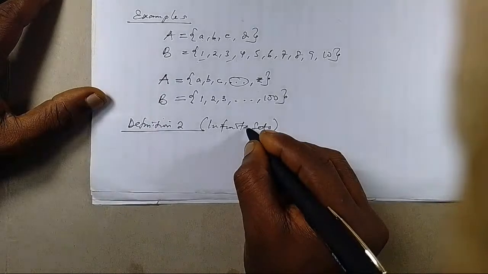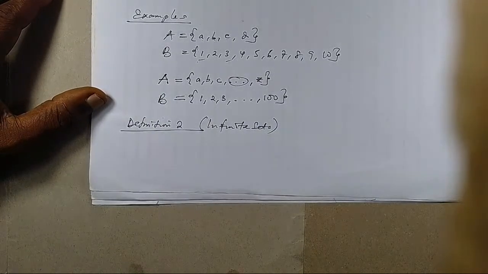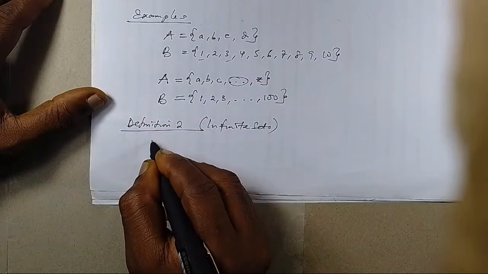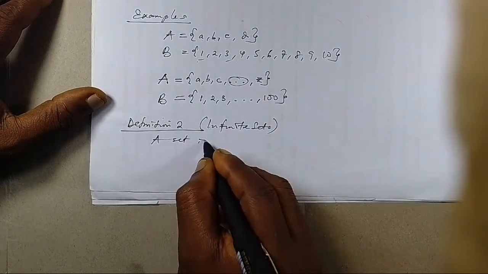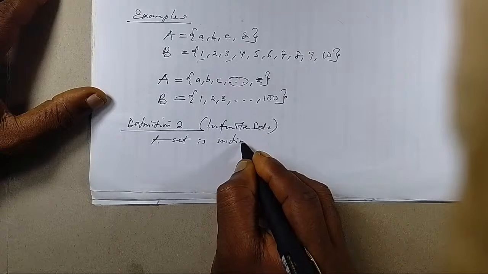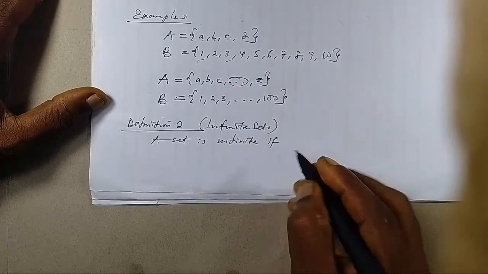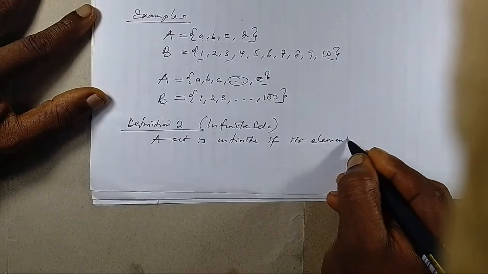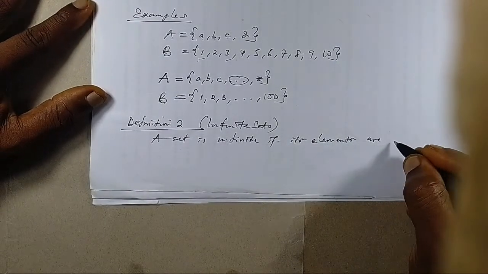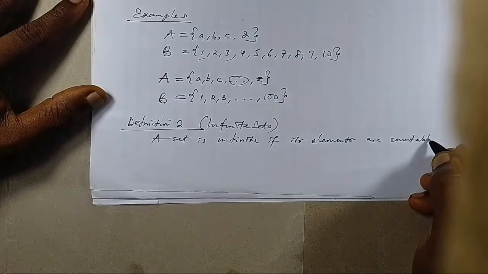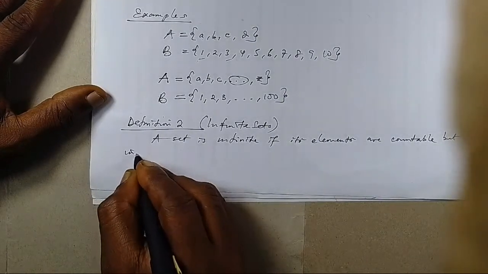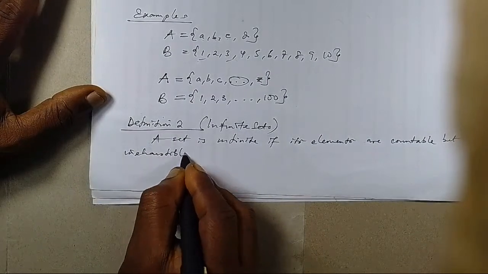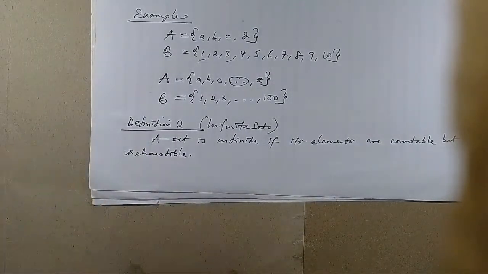Now, a set is infinite if its elements are countable but inexhaustible. Now, people often think that when a set is infinite means that the set elements cannot be counted.